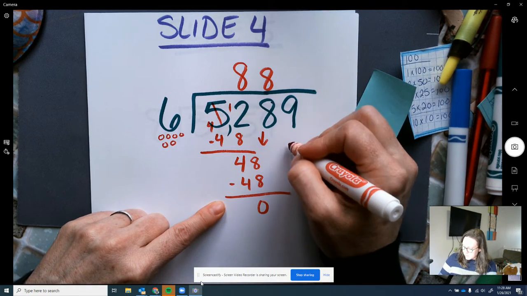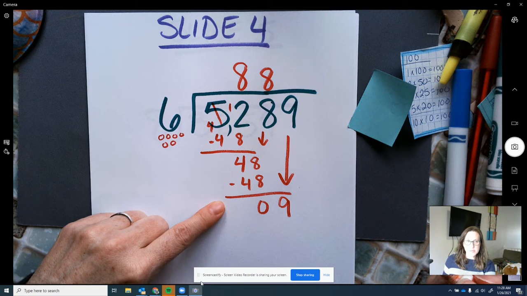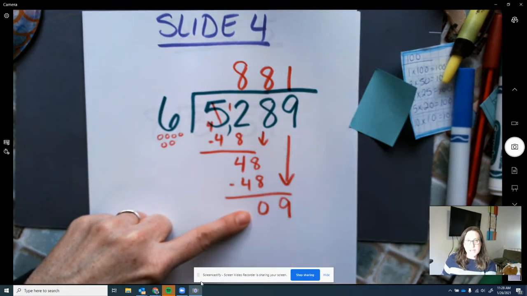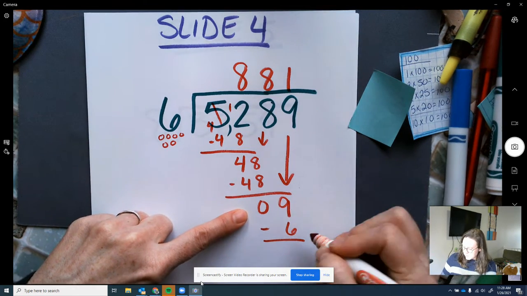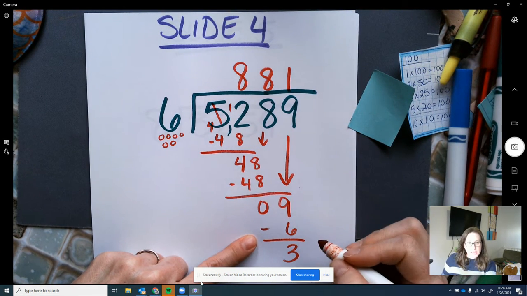I have nothing left, but I do still have a 9 to bring down. So I need to bring down my 9. 6 goes into 9 one time. 1 times 6 is 6. So I'm going to subtract. I've got 3 left.